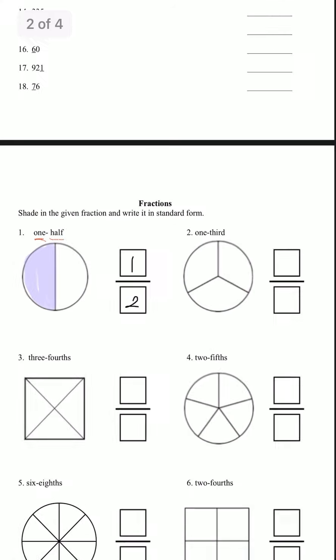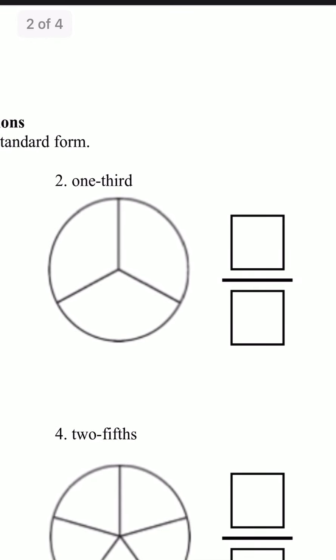Okay? So number 2, we have 1/3. Again, 1 comes first, so it goes on the top. And then we have third, so 3 goes on the bottom. Now the circle is divided into 3 parts, and one part needs to be shaded. So we're going to shade one part of the circle.